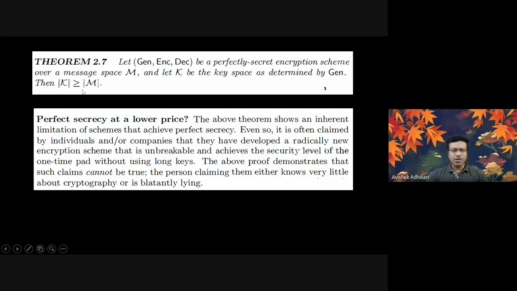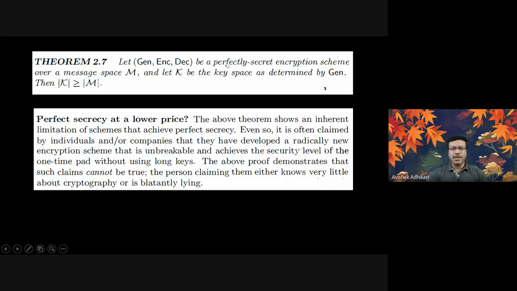So in case of Vernam or one-time pad, the size of key space and the size of message space were all 2 to the power L. So if the message space size is 2 to the power L, the key space size is also 2 to the power L. The ciphertext space size is also 2 to the power L. So this property is satisfied.